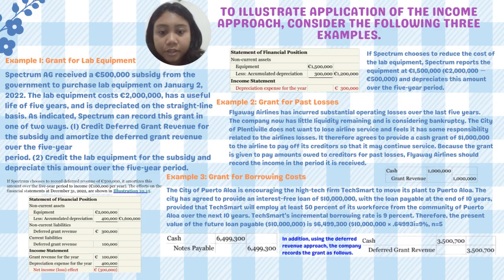Therefore, the present value of the future loan payable is the calculation of $10 million times 0.6499, and the interest is 9% and the year is 10.